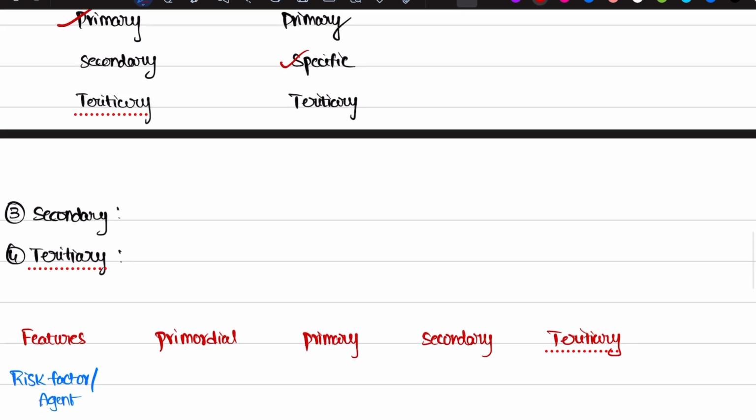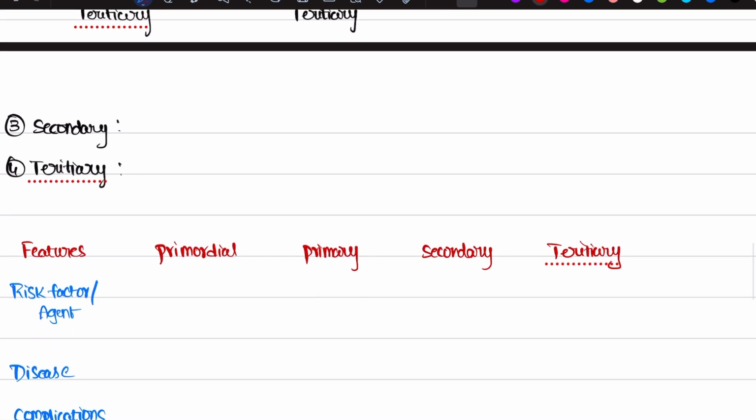And in secondary level of prevention, I already told you all the screening tests come under the secondary level of prevention. All the screening tests, let's say ultrasound and pap smear, and screening test for color blindness, anything screening, anything annual health checkups, any test or any checkups comes under the secondary level of prevention. In tertiary level of prevention, what we are going to do is, already we have a disease.